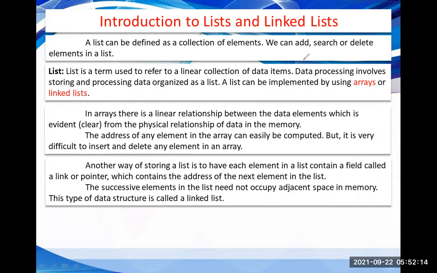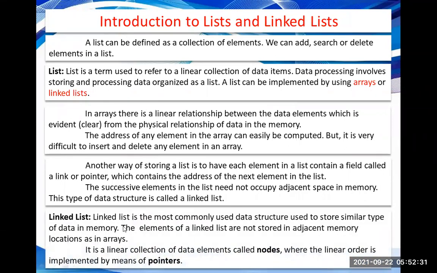This type of data structure is called a linked list. Here, all the elements of the linked list are joined or arranged in linear fashion by means of pointers. Pointers connect one node with another node.